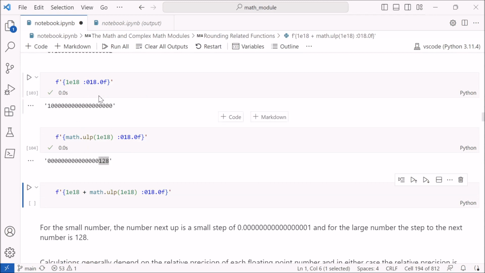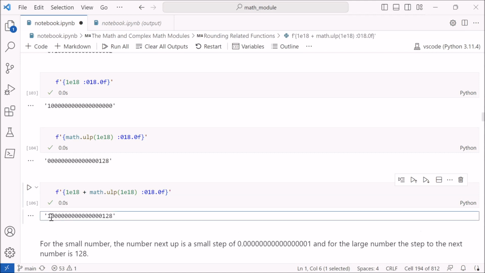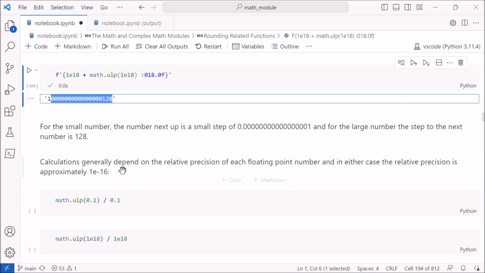So if we have a look at this plus this, then we're going to get this very large number plus 128 at the end. So the small number went up in a step of all these zeros after the decimal point and then 1. And the large number went up in a step of 128.